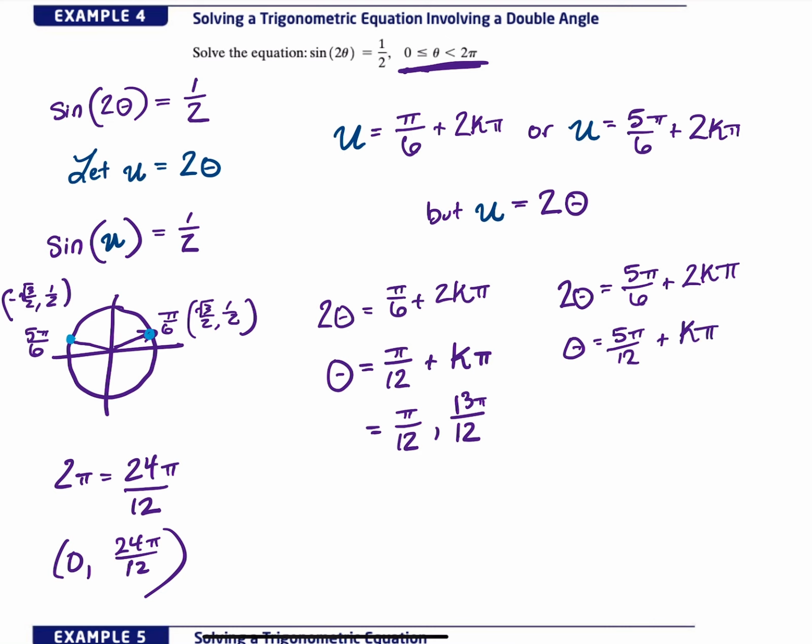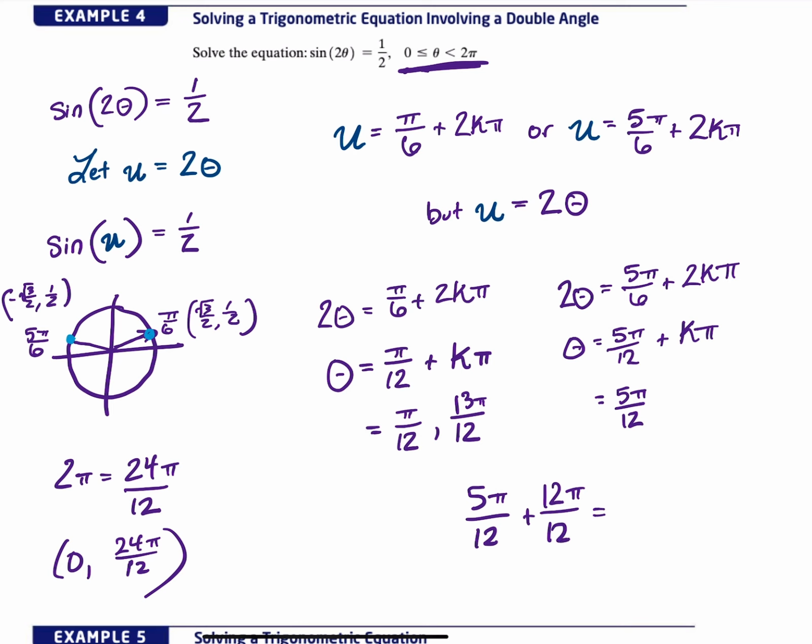We can write it as multiples of 12 pi over 12 to get a common denominator. So we'll get our first solution, 5 pi over 12, when k equals 0. And then when k equals 1, it's a similar thing to what we did before. We would be adding pi, adding 1 pi, which we can express as 12 pi over 12.